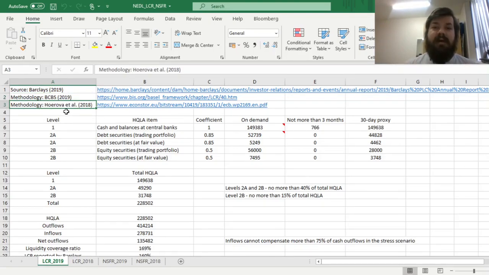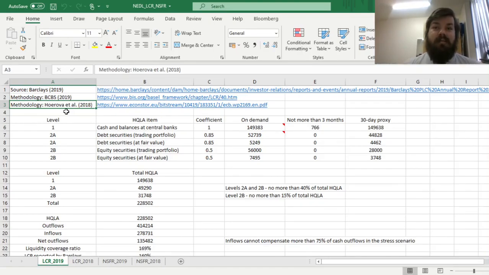This is a discussion paper by the European Central Bank, Hoyer et al., 2018, that investigates how one might calculate liquidity coverage ratios as an outsider when you have no access to internal banking disclosure or internal data, and use only publicly available data from banking reports. And we will see how closely we can match the actual liquidity coverage ratio reported by Barclays with our proxies, with imperfect data available to us as outsiders.